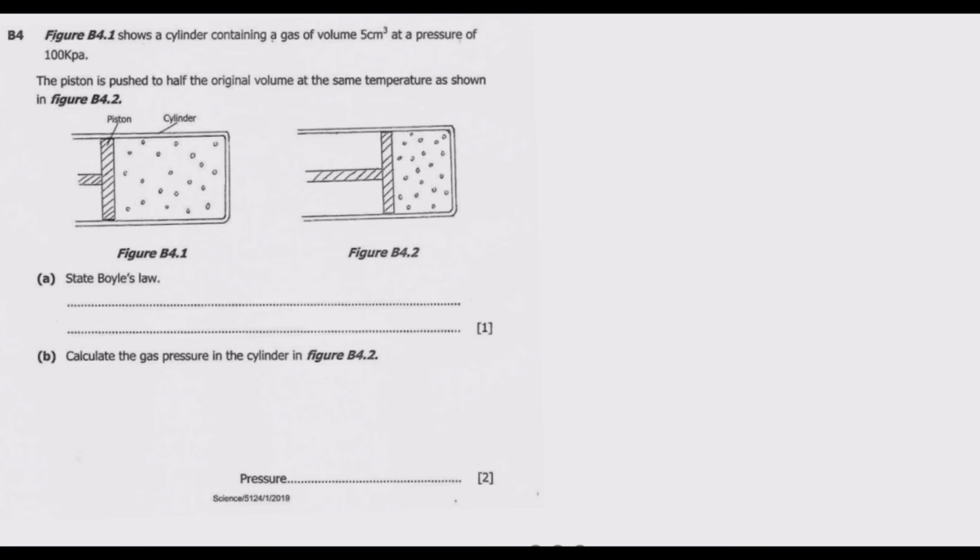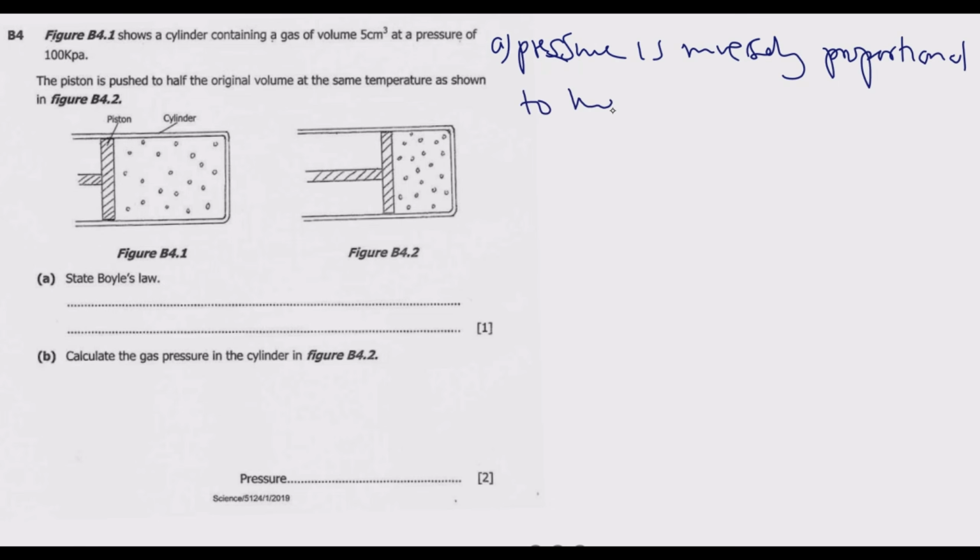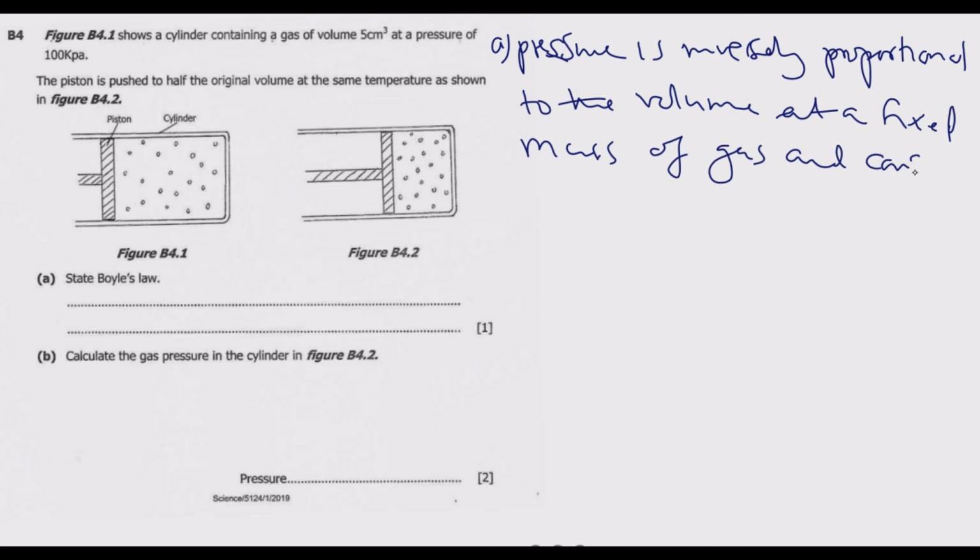Question A, state Boyle's law. So Boyle's law states that basically pressure is inversely proportional to the volume at a fixed mass of gas and constant temperature.